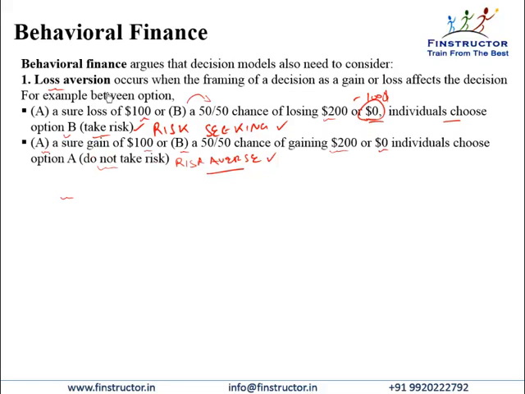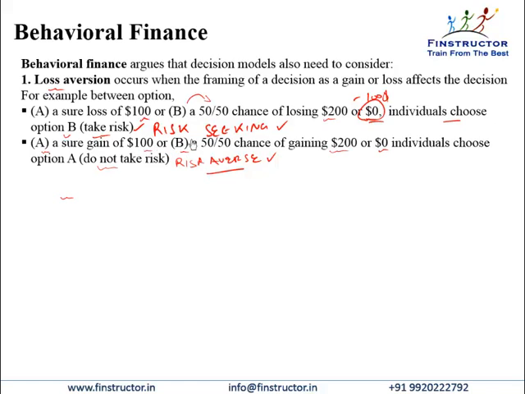So loss aversion argues that people want to avoid accepting a loss. So between a sure loss of $100 and a 50-50 chance of either losing $200 or losing nothing, in both cases the expected loss is -100, we see that people normally go for option B. That is, they take the risk or they become risk seeking.